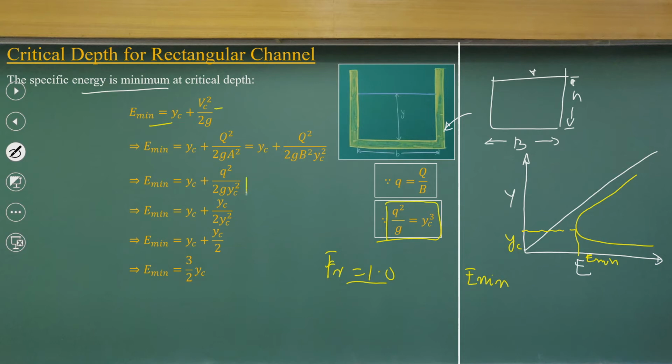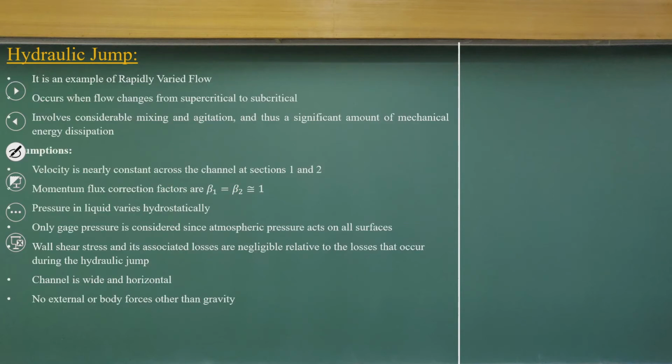Finally, E minimum, that means this coordinate, will be 1.5 times YC, which is quite easy for rectangular channels. Many times we just use rectangular channels for drainage systems and all.